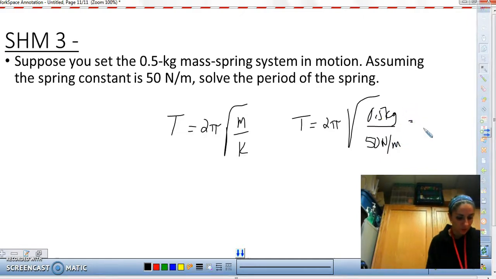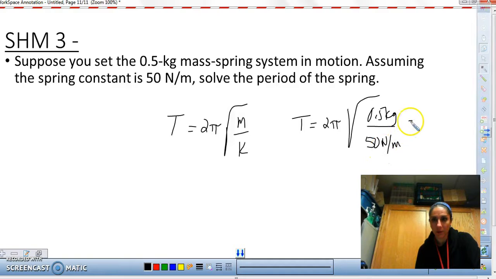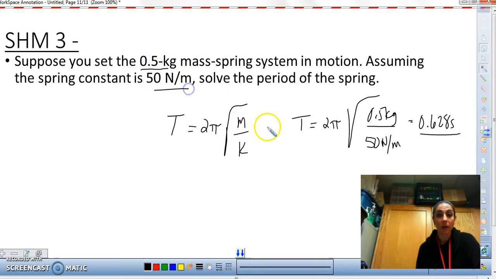So let's go ahead and do 0.5 divided by 50, square root of the answer, times 2 times pi. So our period here becomes 0.628 seconds. So this one was a nice one. It was pretty straightforward because they gave us all the information to solve for the period of the spring.